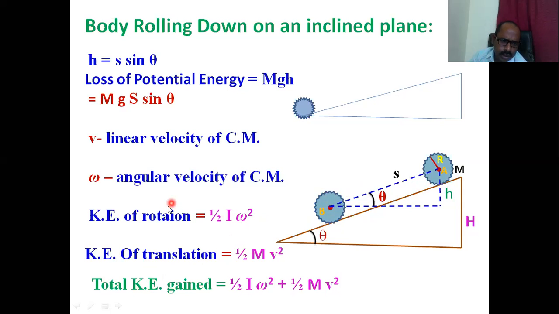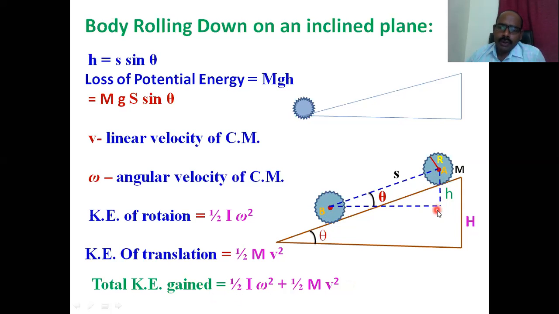Now the total energy of the body, since it has the two motions simultaneously, is the sum of the two energies. So the total kinetic energy gained is half I omega square plus half m v square. This energy came from the decrease of potential energy.